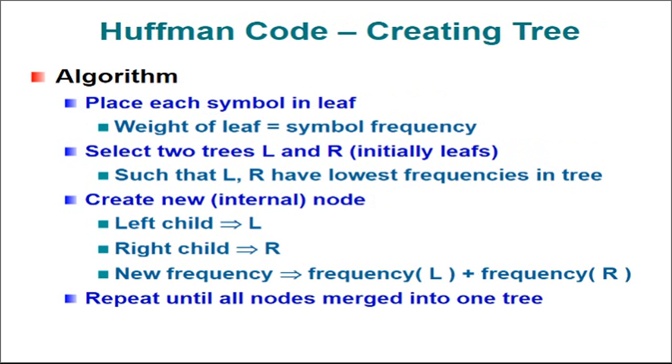Now how to create a tree? This is the algorithm for creating the tree. Initially, we have to place each symbol in a leaf. The weight of the leaf will be equal to the symbol frequency. Then select 2 trees L and R, let us say. Of course, these are going to be leaves initially.